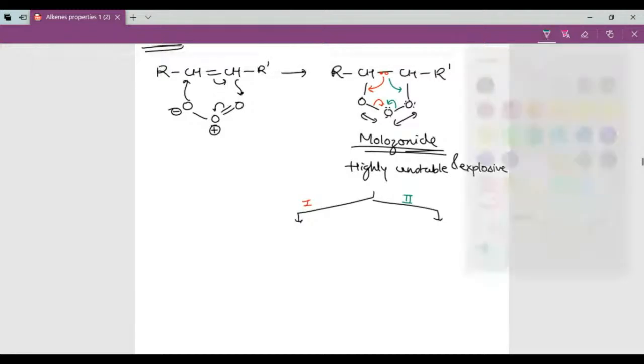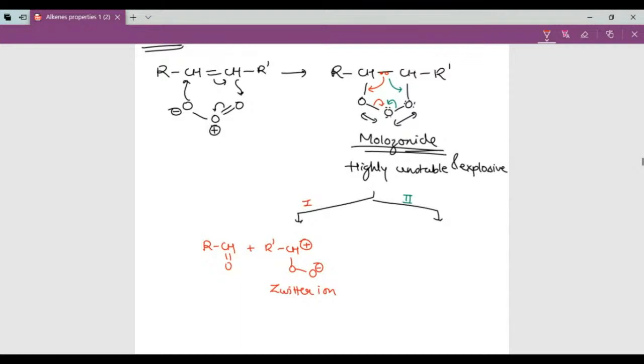First let me complete the red steps, that is the first one. If I go by red, I will have RCHO plus R'CHOO minus. This CH will have plus. It is a dipolar ion. This is the Zwitter ion.